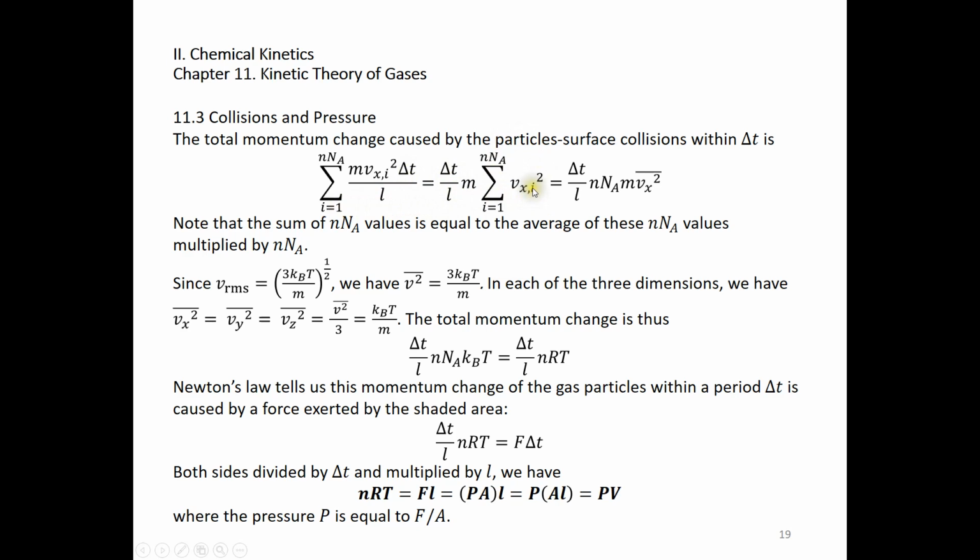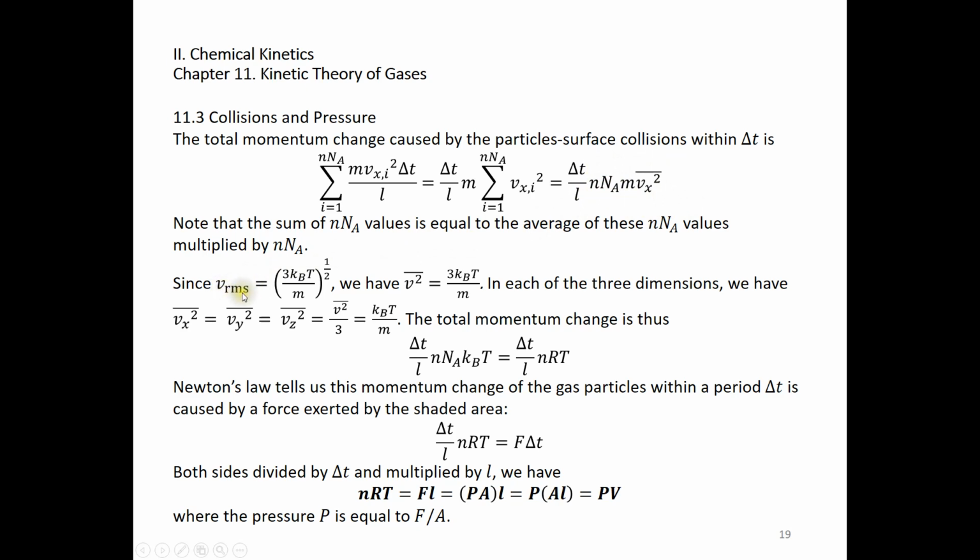Now we have just the sum of v squared for all the particles. Remember, the sum of many data is just the number of data multiplied by the average. This is the sum, this is the average, and this is the number of data. So that's why we got this here.